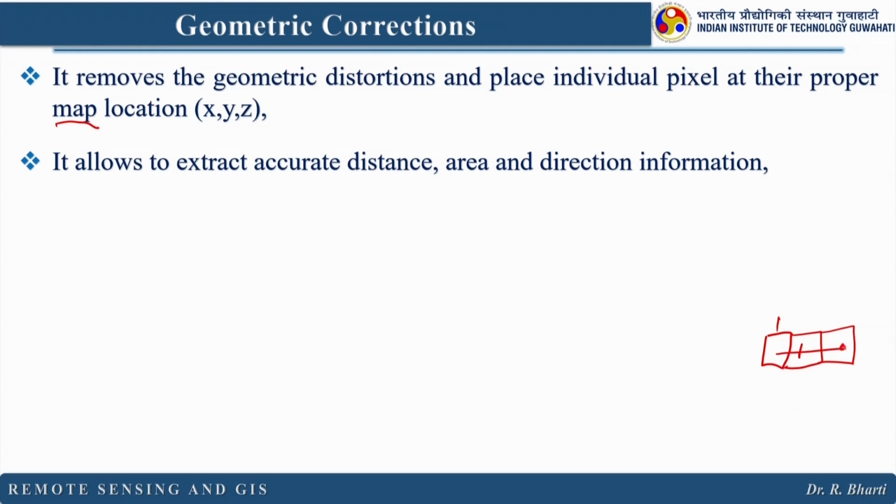If one object is here, one object is here, you can easily calculate like 1, 1, 1, 3 meters from each other, right. But what if the pixel is rectangular, then square, then again rectangular, then how will you represent or calculate or extract the values from this image? That will be wrong, right.